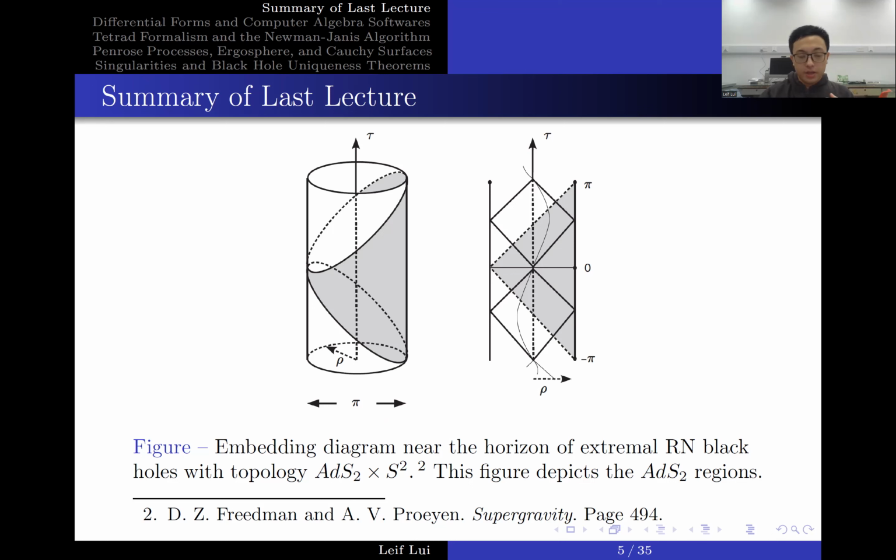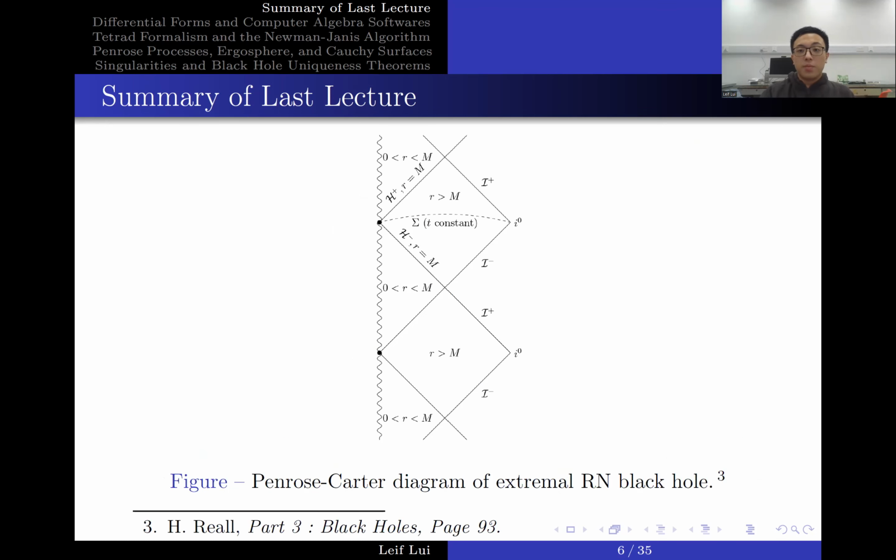With this, I also discussed how the extremal Reissner-Nordstrom black hole is the simplest case of supersymmetric brane solutions, and how they are supergravity solutions. But before I discuss that, I talked about the global geometry of extremal Reissner-Nordstrom black holes. We can see the global structure using Penrose-Carter diagrams.